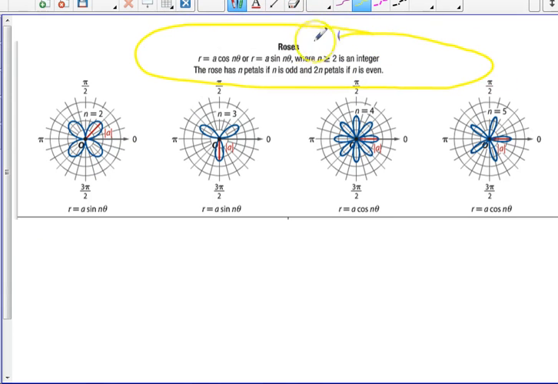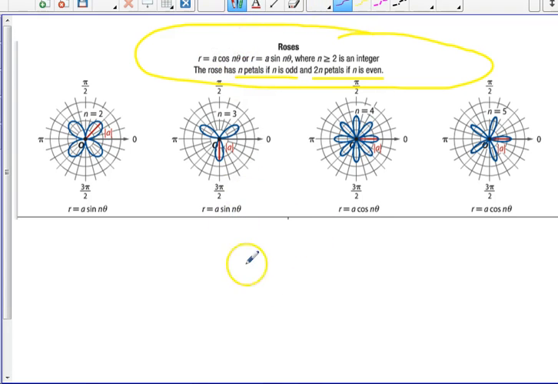It says you get a rose if you have something times cosine something theta or times sine something theta. Okay. It says n is the number of petals if it's an odd number, and it's 2n petals if n happens to be even. And the number a tells you how long the petals are.